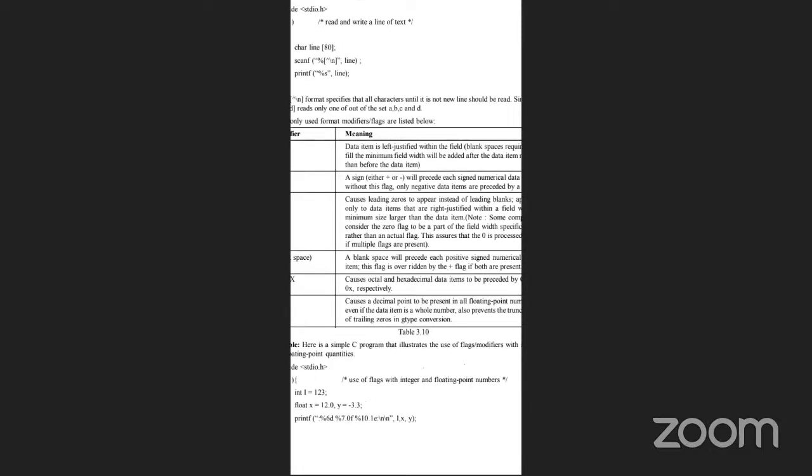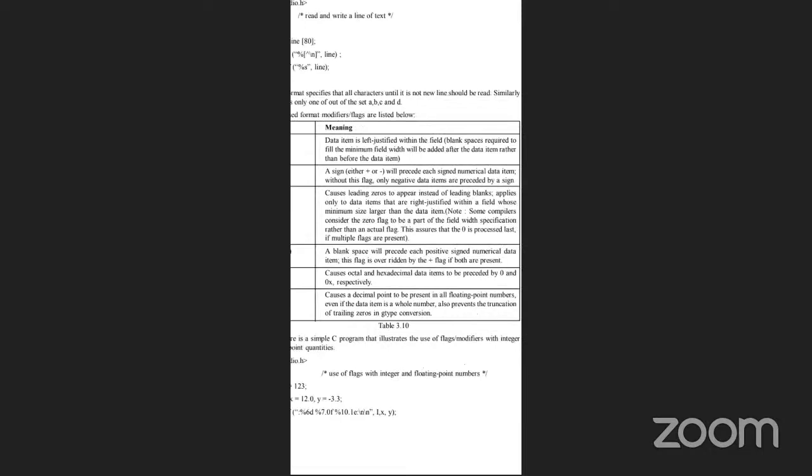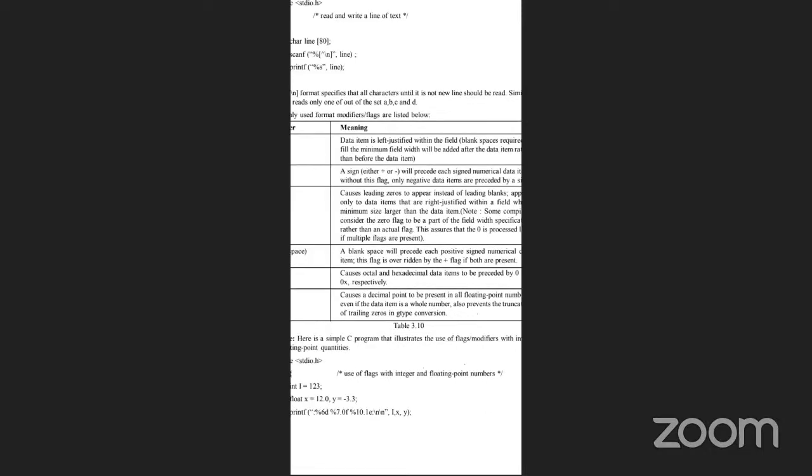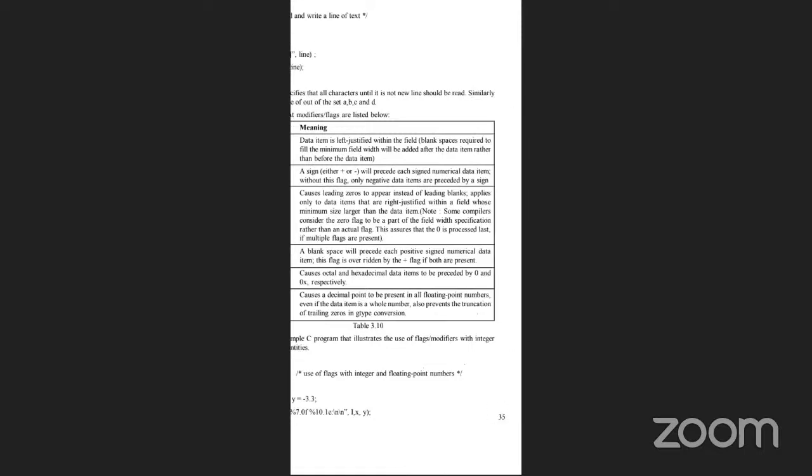The minimum field width will be added before the data. A plus places a sign, either plus or minus, before each signed numerical data item. Without the flag, 0 appears instead of blanks. A blank space will precede each positive signed numerical data item. This flag is overridden by the plus flag if both are present.